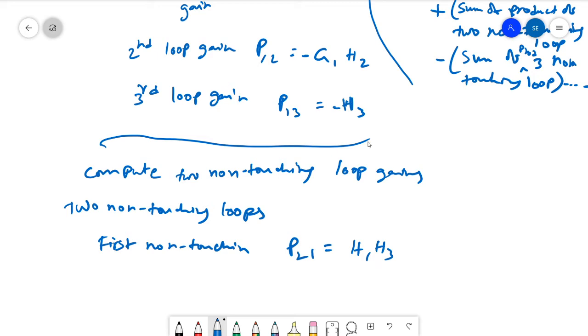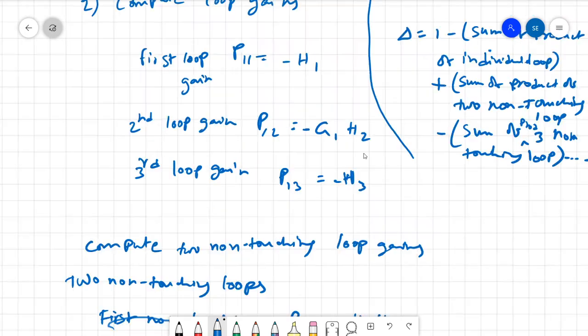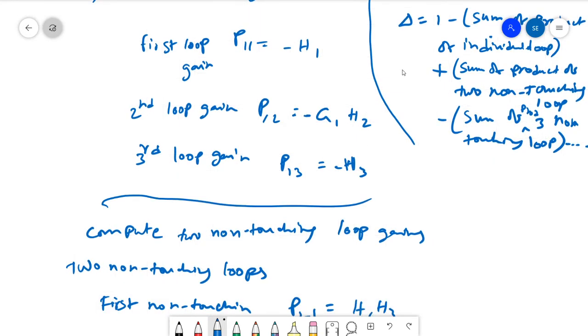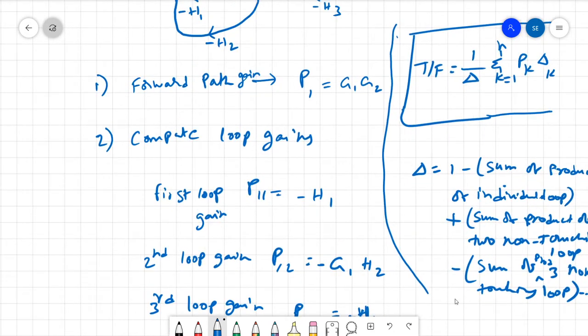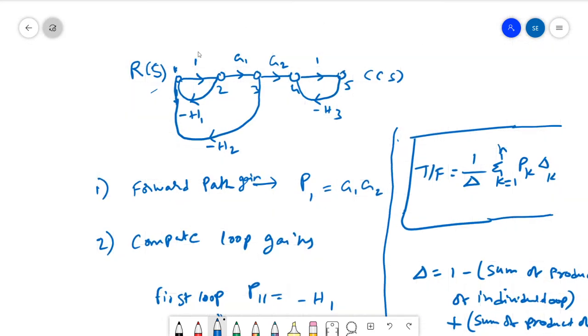Check it out. It is the product of this loop gain into this loop gain.